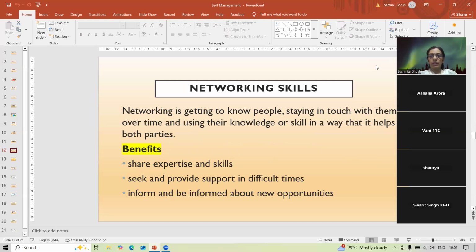Social networking, we all understand, though I don't know how much it helps at times of distress. But yes, networks, if you have built them, they would definitely help you at some point in life. Right? So when you are building a team, when you are, maybe not closely working together with people, but when you are in touch and you connect with the right people at the right time, you can share their expertise, their skills.